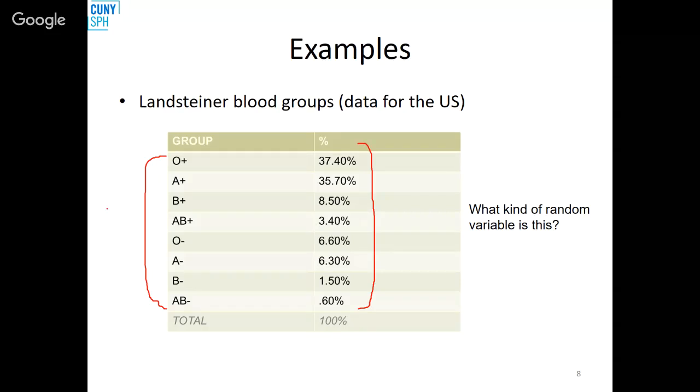The exhaustive part is a statement of the fact that these are the only possible events that we can observe, that the probability of each of these added up is equal to 100%. So these are the only outcomes that are possible. So what kind of random variable is this? Categorical. Very good.